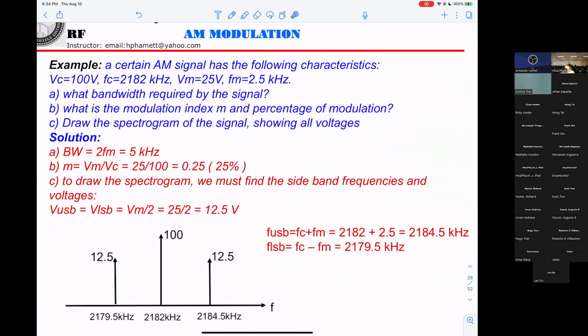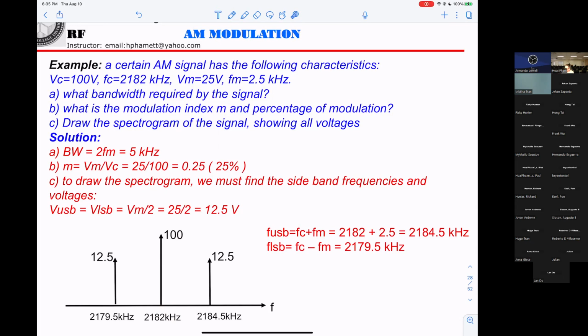Another example here. An AM signal has the following characteristics: VC is 100 volts, FC is the carrier frequency, and VM is 25 volts, FM 2.5K.